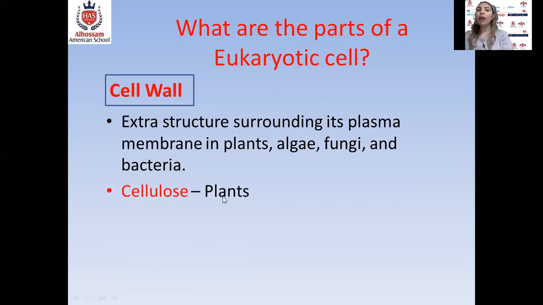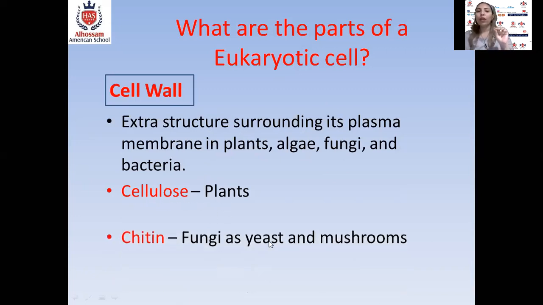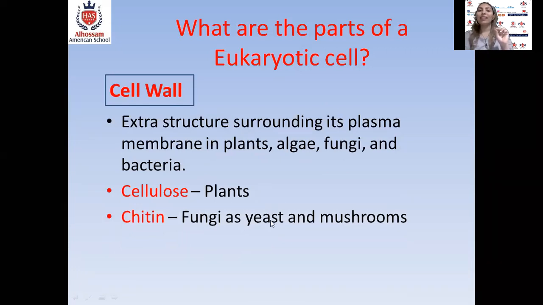The material which forms the cell wall in plants is different from fungi and algae. In plants it is called cellulose, while in fungi such as yeast and mushrooms it is called chitin. The material which forms the cell wall of bacteria is called peptidoglycan.